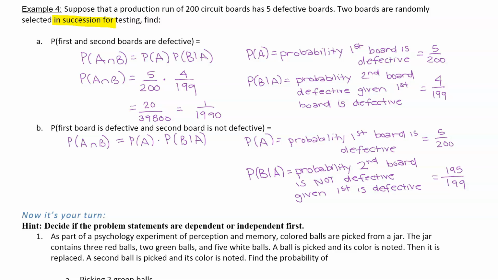So now the probability of A and B is going to equal 5 over 200 times 195 over 199. So now I can just multiply these across the top and across the bottom. So the numerator becomes 975. The denominator becomes 39,800, and that simplifies to 39 over 1592.